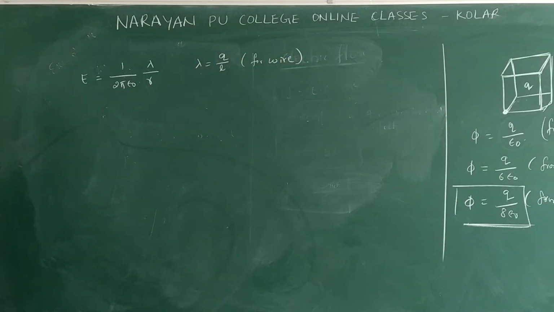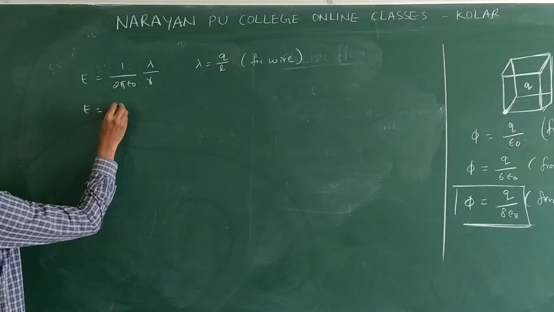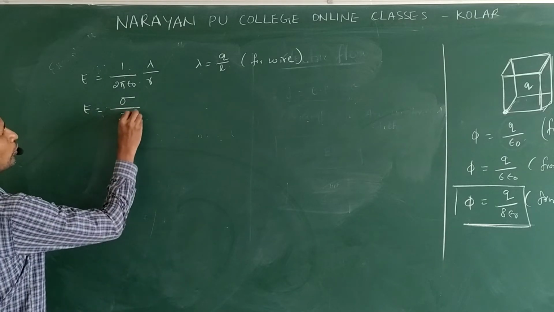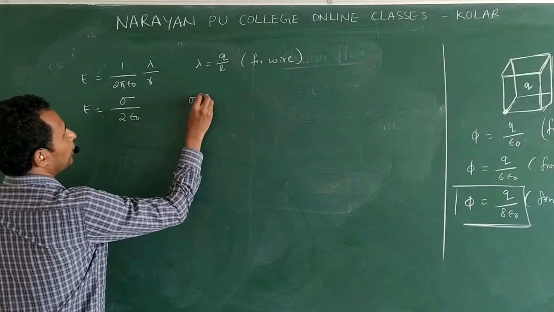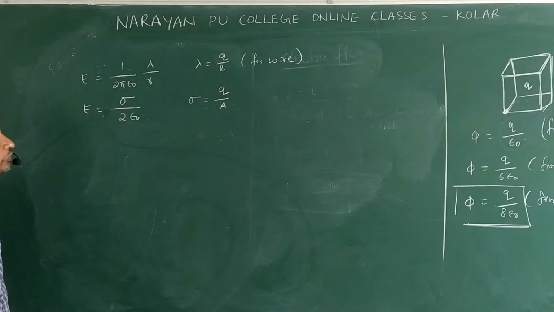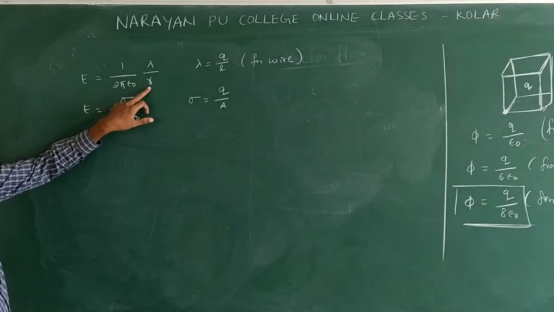Next, we have seen electric field due to an infinite sheet. The formula for the electric field due to an infinite sheet is sigma by 2 epsilon naught, where sigma is the charge per area. For a wire, it depends on r, the distance between the wire and a given point.